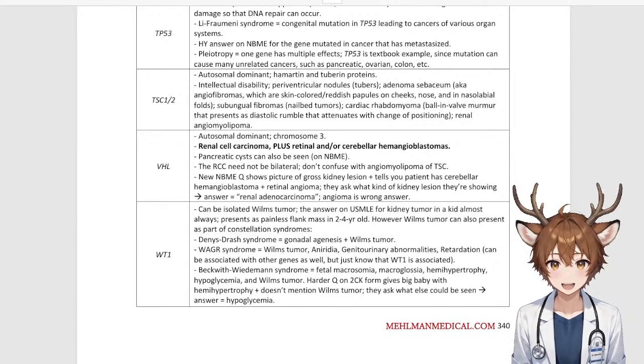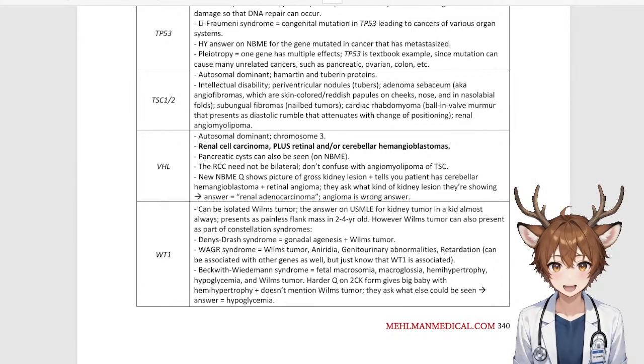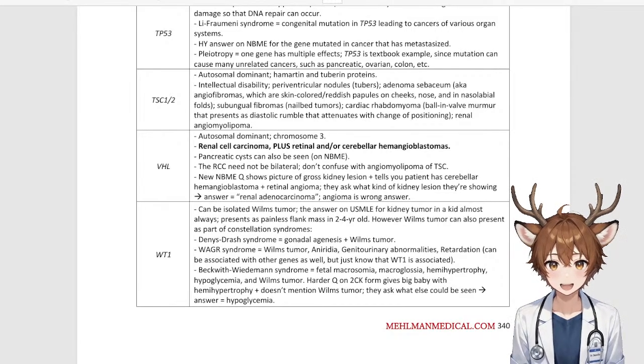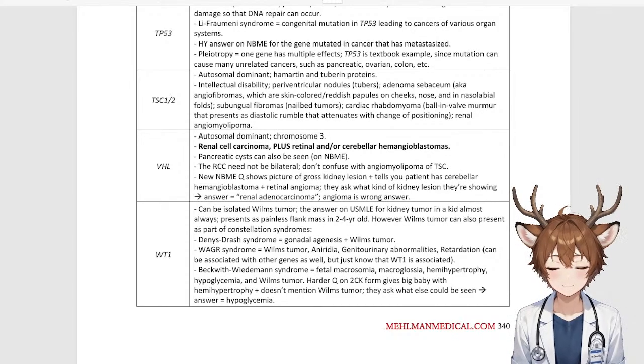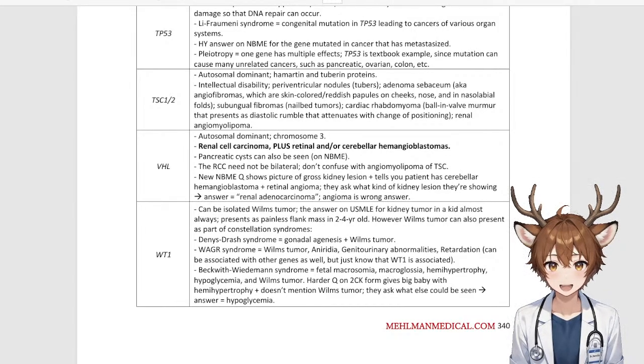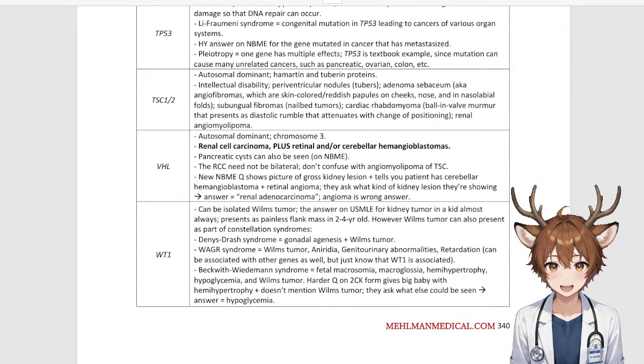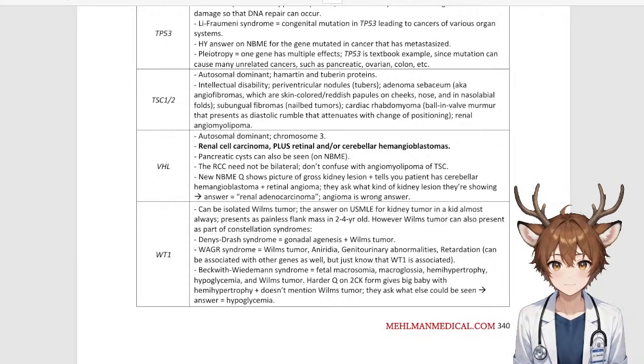TSC1 gene causes what exactly? Let's see what name they actually use. TSC1 causes what? It should cause something that's probably TSC, tuberous sclerosis complex. Okay, see, that's what I was thinking.